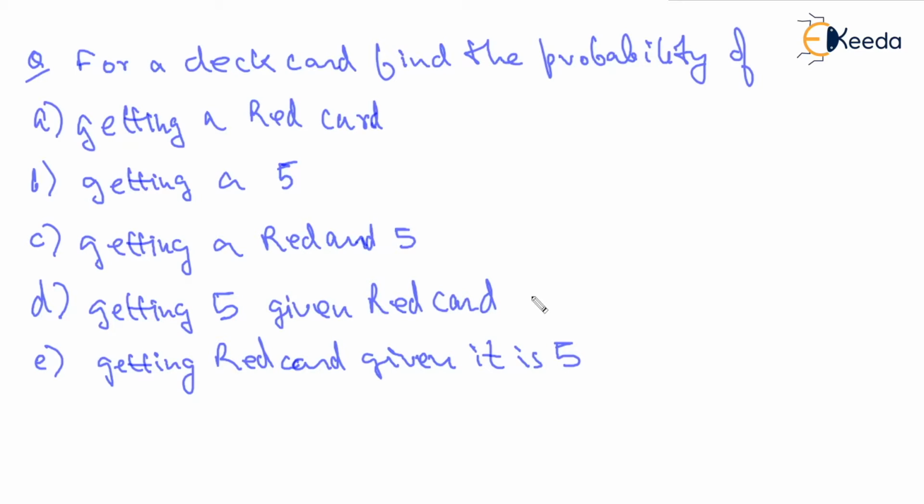So we have: getting a red card, getting 5, getting a red and 5, getting 5 given red card, and getting red card given it is 5. So we'll see one by one.